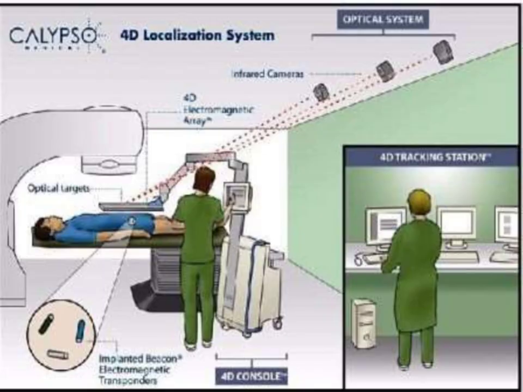The electromagnetic image tracking system is also called the CALYPSO system. This system uses electromagnetic transponders, called beacons, embedded within the tumor, and the motion of these beacons may be tracked.